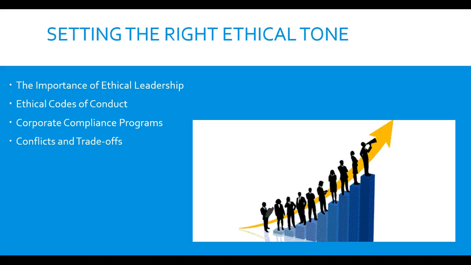Companies usually have components of comprehensive corporate ethical compliance programs. These include ethical codes of conduct, an ethics committee, training programs, and internal audits to help monitor compliance. And these components need to be integrated.